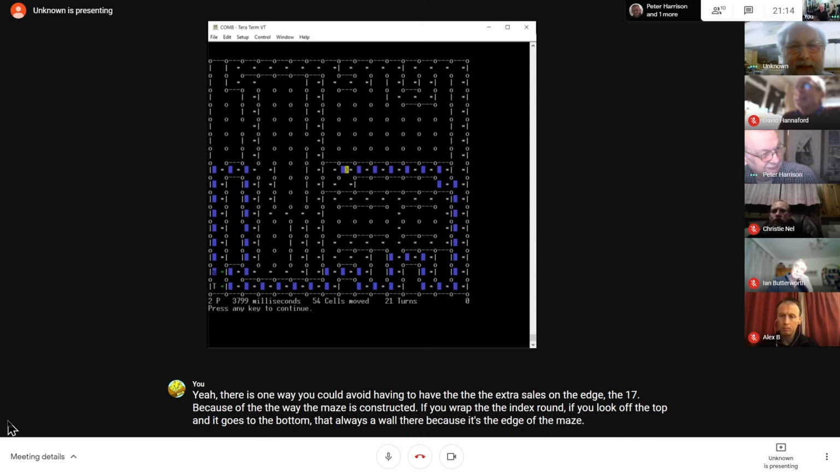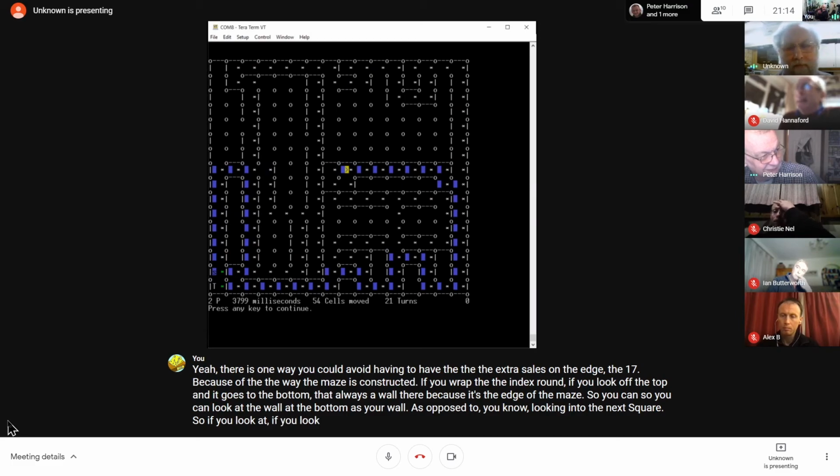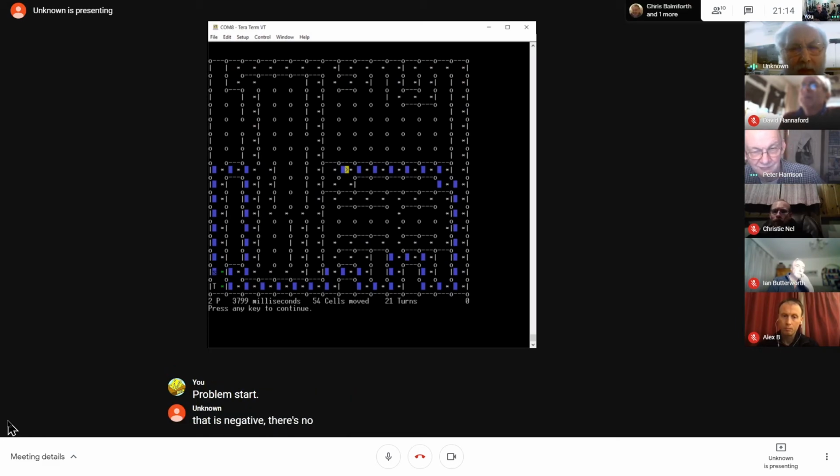So you can look at the wall at the bottom as your wall, as opposed to looking into the next square. So if you look beyond the top, you actually look into the bottom row for your south-facing wall. Yeah, but if you look at the third cell across on this maze, from the start, there's no west wall.